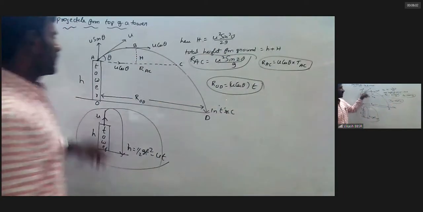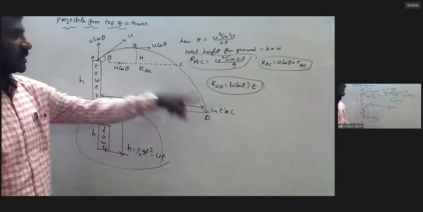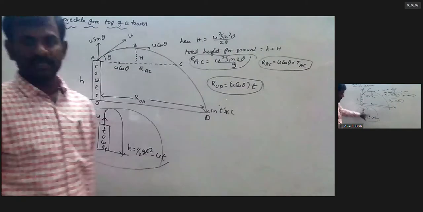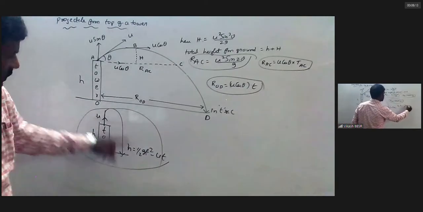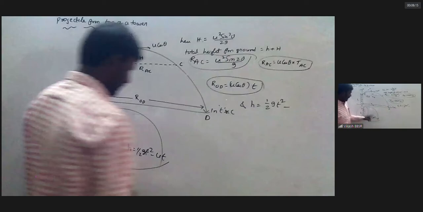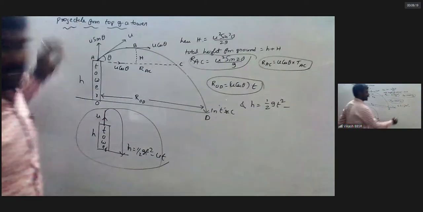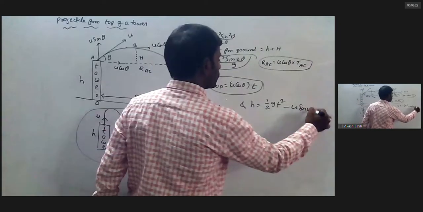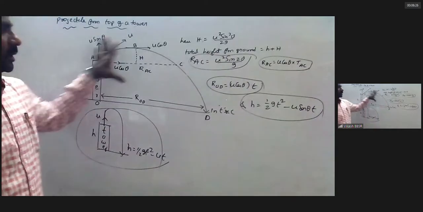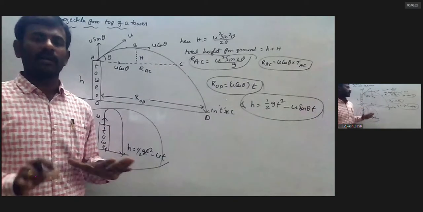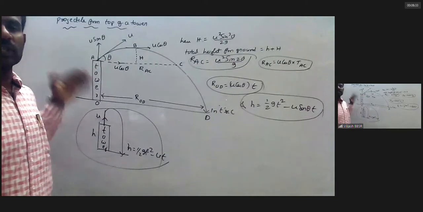But this one is TAD, T seconds. Again, in the equations you use, h is equal to half g t square minus, here vertical velocity U sin theta. So I can use the basic phenomena, but we have considered from the top of the tower instead of the ground.